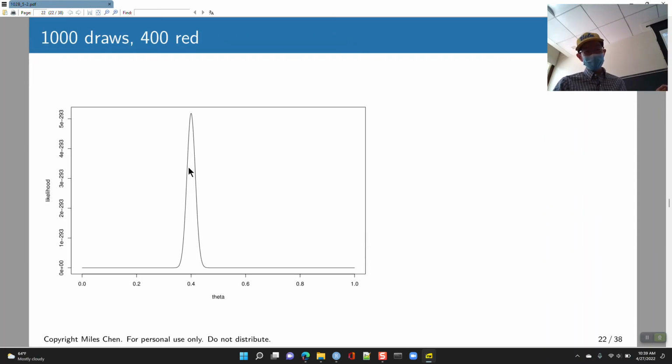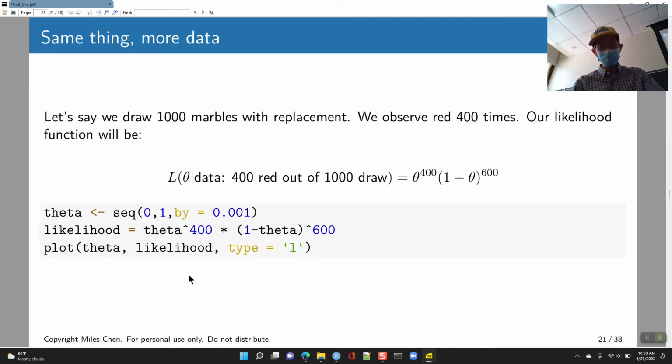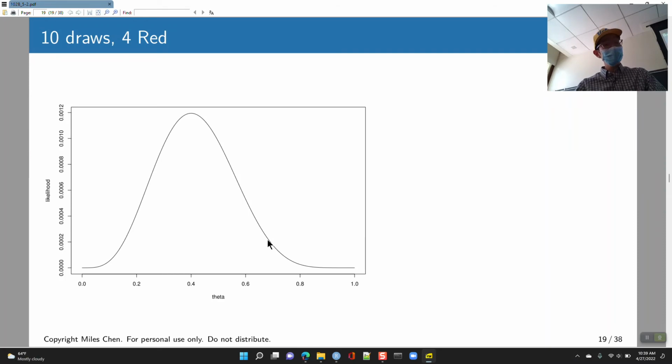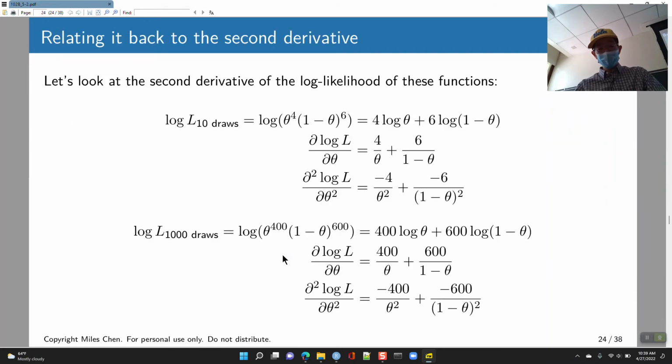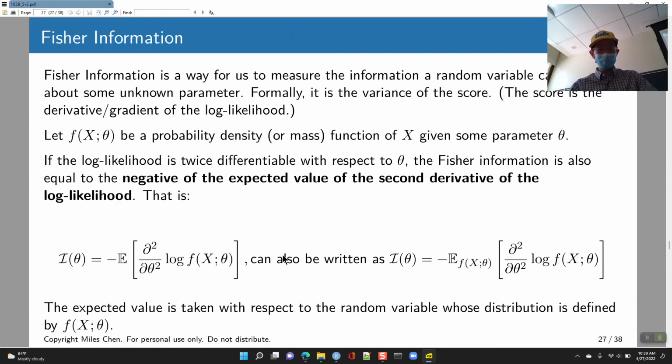The fact that this likelihood function has a lot more curvature, if we measure the second derivative and we see that the slope changes rapidly here, this tells us that we have a lot more information about the location of theta than we did in this graph. And so the Fisher information is a way we can measure the information a random variable has.